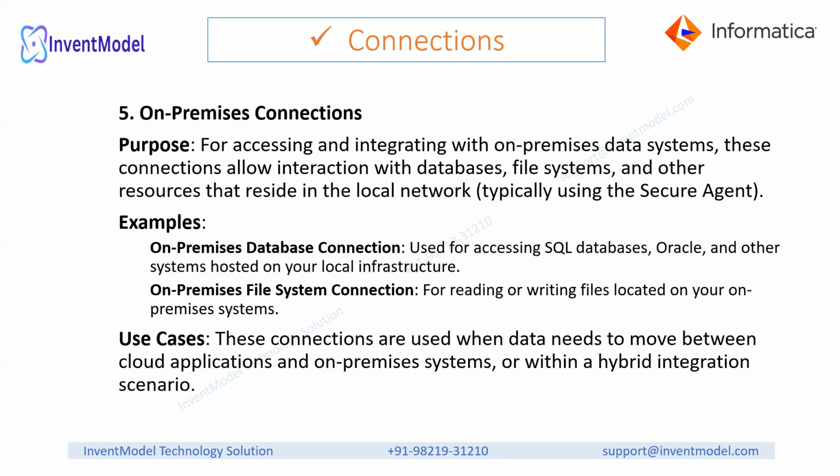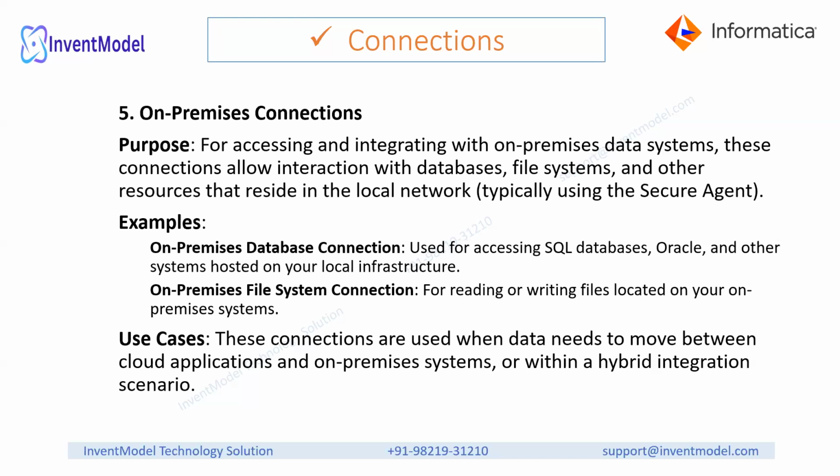On-premises connection. The purpose of this on-premises connection is for accessing and integrating with on-premises data systems. These connections allow integration with databases, file systems, and other resources that reside in the local network, typically using the secure agent.